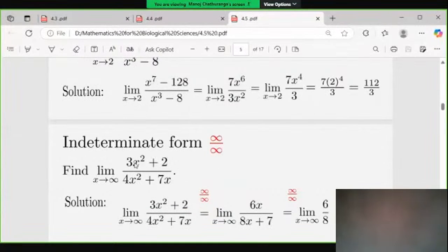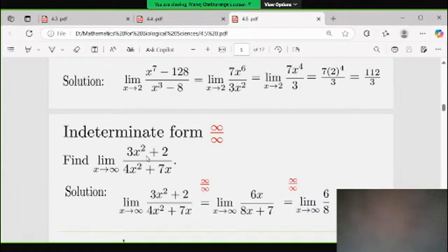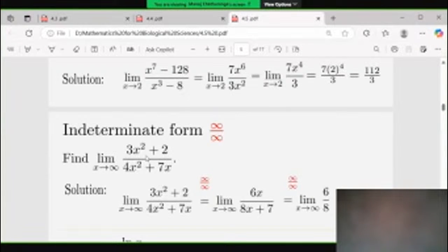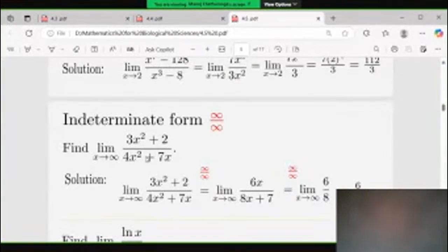Here, these two are from the same level of tower of powers, x squared. We can divide both numerator and denominator by x squared and do whatever we did in the earlier session. But L'Hopital's rule gives us a shortcut. We can obtain the same limit very easily.